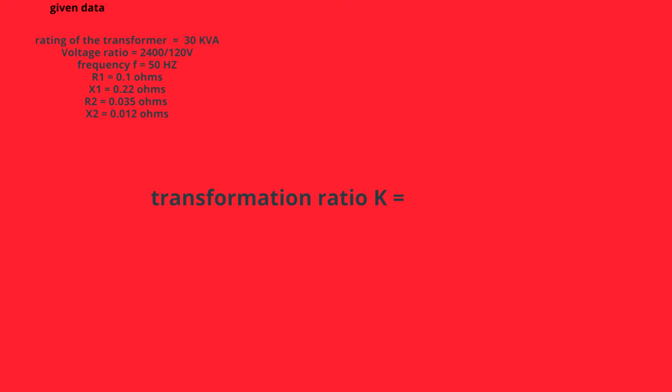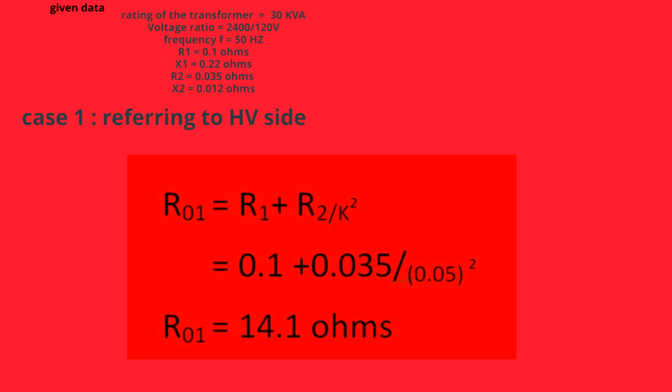First we will find the transformation ratio K. It is nothing but V2 by V1. Therefore 120 divided by 2400, that will give us K equal to 0.05. Case 1, referring to high voltage side. According to the problem given, the high voltage side is the primary side. Therefore we have to calculate R01, that is R01 is equal to R1 plus R2 by K square.